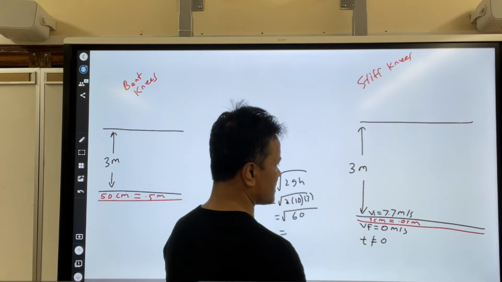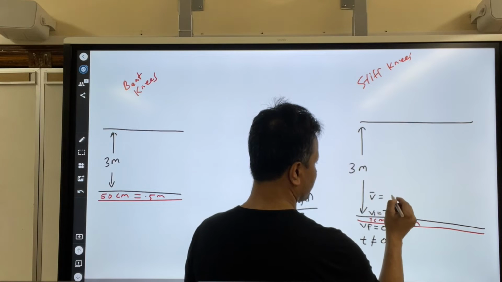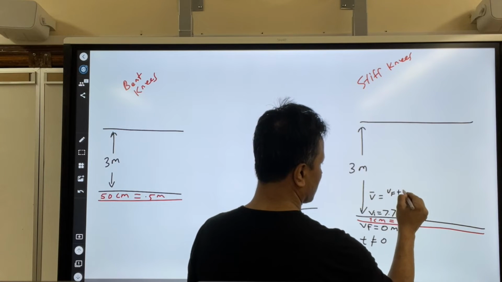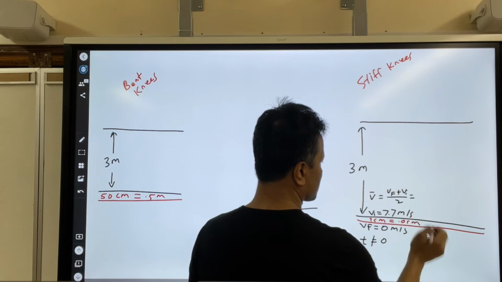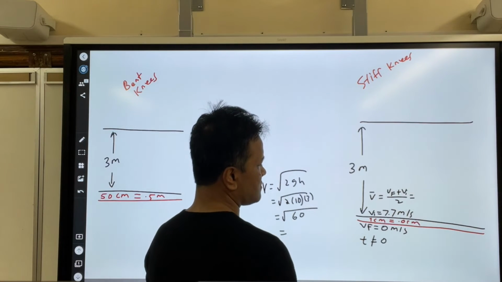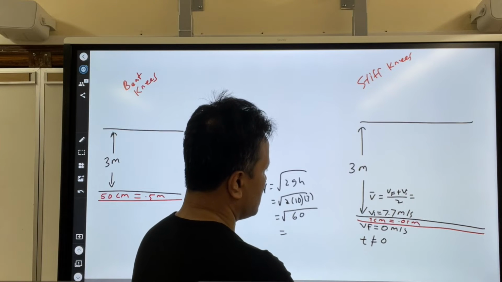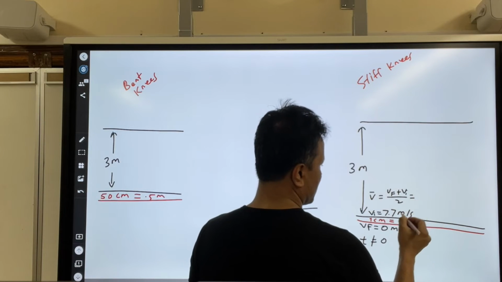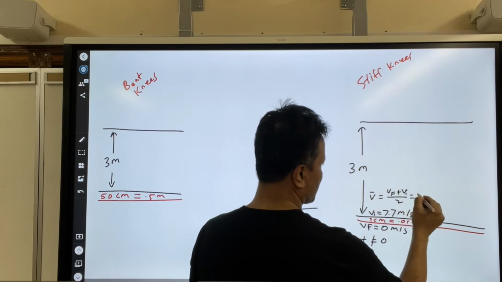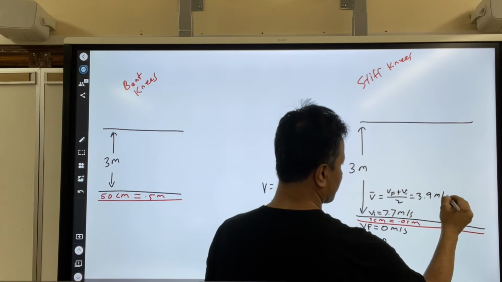Let's find the velocity average. VF plus VI over 2. So what is it? 7.7 plus 0 divided by 2, 3.9 meter per second.